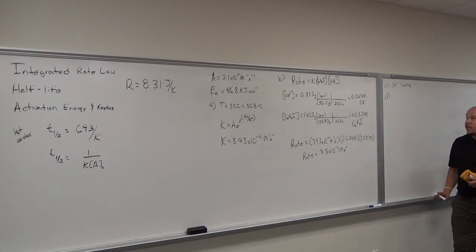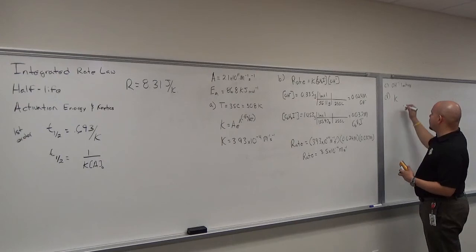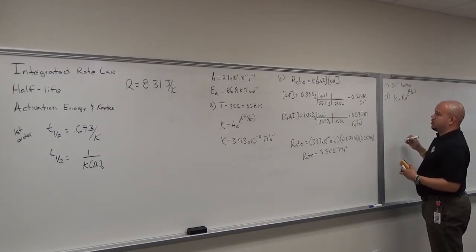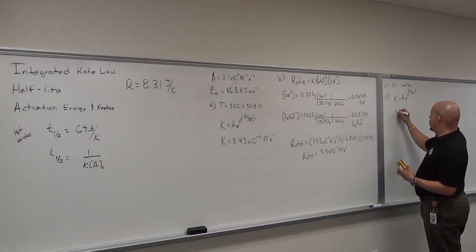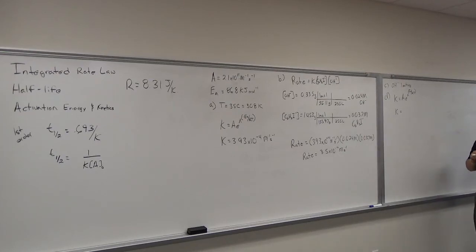You can use whichever equation you want to use, but they told you that activation energy and frequency factor don't change, so you can then use Ea over RT, which then gives you k equal to, all we've changed is T. All we've changed here is T.